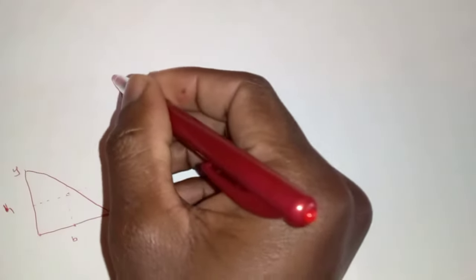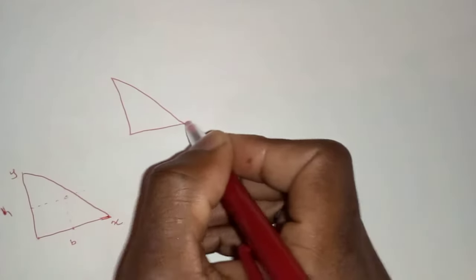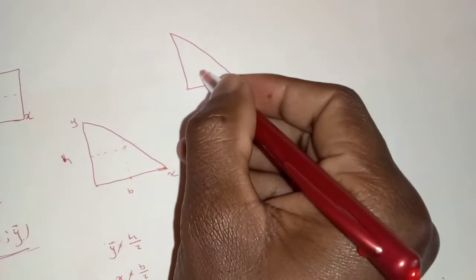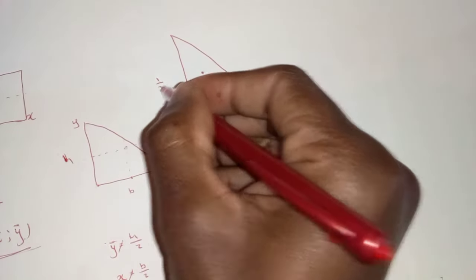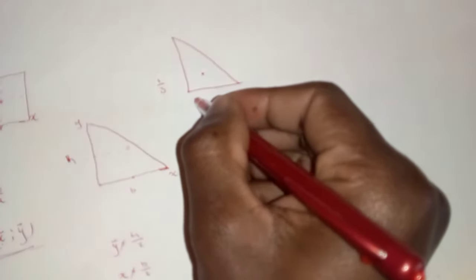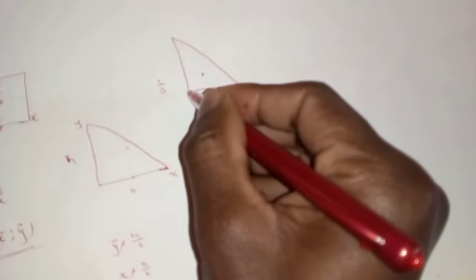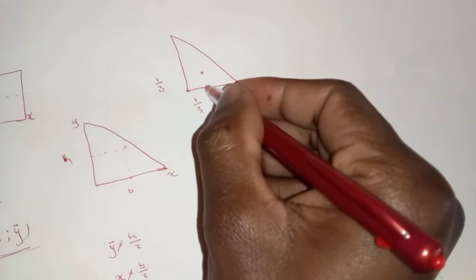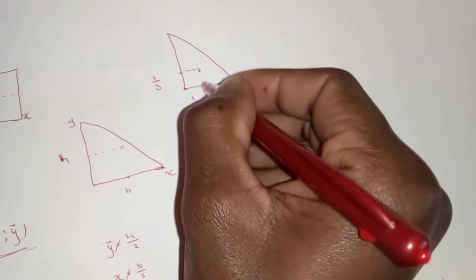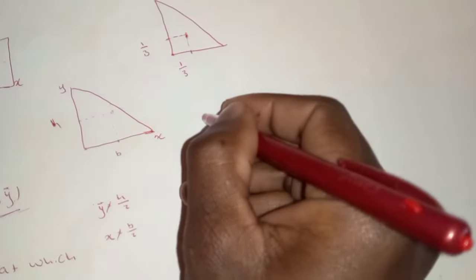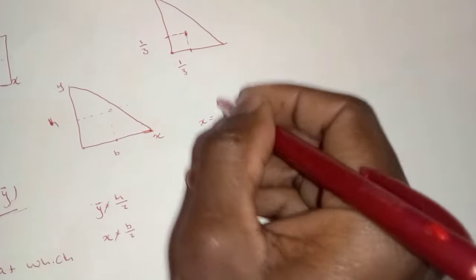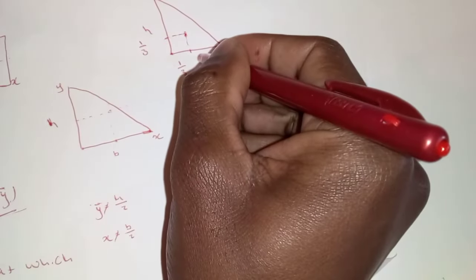We have a formula to calculate the centroid of a right angle triangle. The center of a right angle triangle is actually located at 1/3 of the height from the bottom and 1/3 of the breadth from this point, meaning it will be somewhere here and here. We draw straight lines. Where they intersect, that will be your centroid. This is h, this is your b.